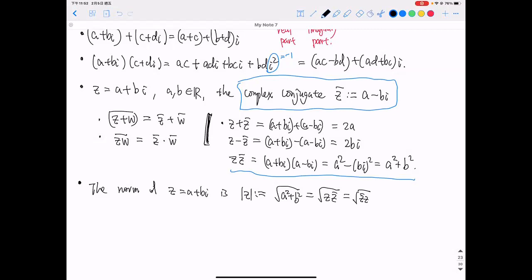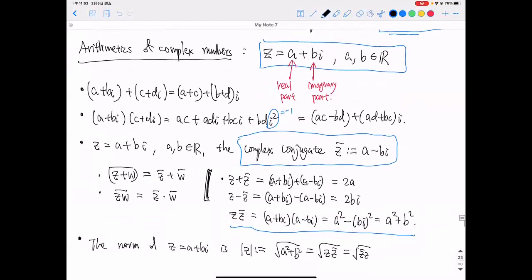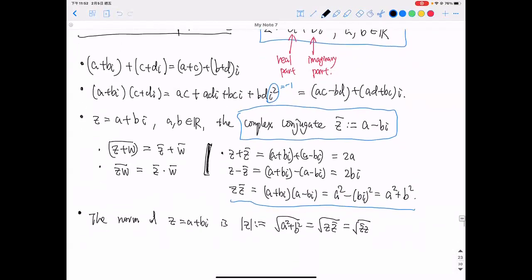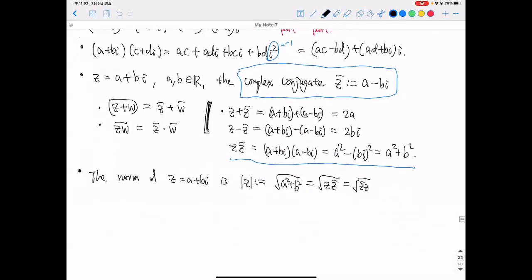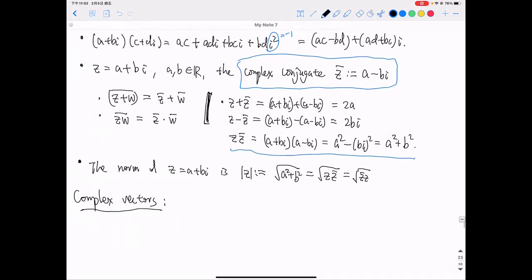Okay, now what do we do? So these are the basic things we need about complex numbers. We also need to be able to work with vectors whose entries are complex numbers.